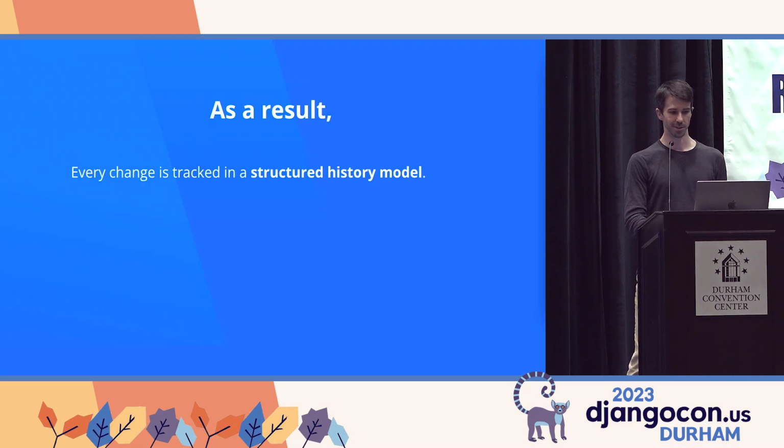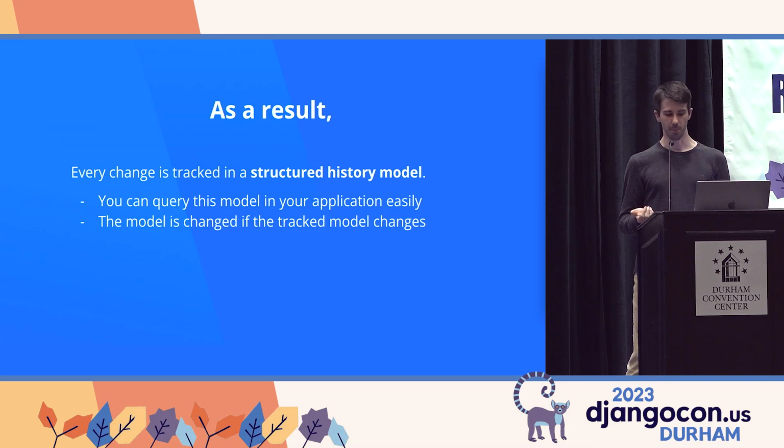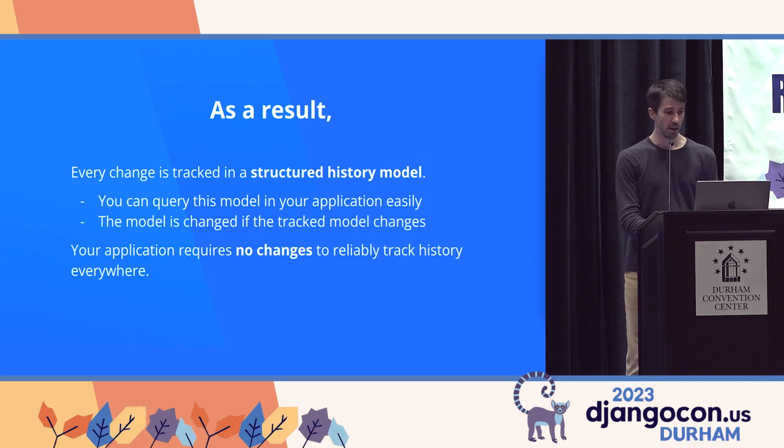And as a result, again, simple example here, base configuration. As a result, every change is tracked in a structured model. You can query it in your application really quickly, easily. If the tracked model changes, you see it in your migrations. And your application requires no real changes. So you can do .objects.create, .bulk update. You can modify data any way your heart desires.